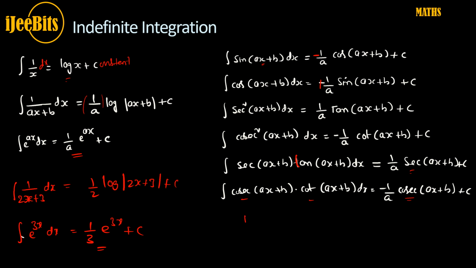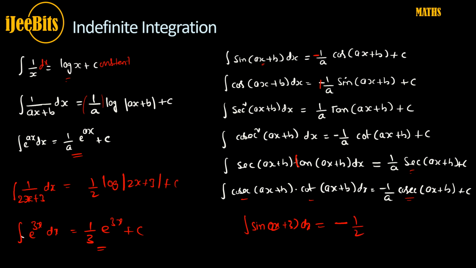Let's say for example you have integration of sine of 2x plus 3 dx. How do you write it? By applying this rule, the sine function becomes a minus cos function in integration. But what is the coefficient of x? It's 2, so 1 by 2.